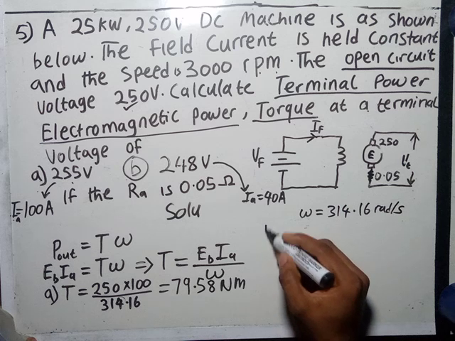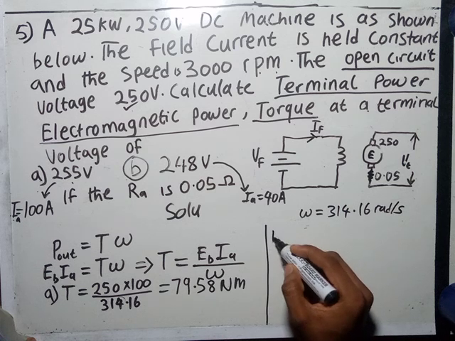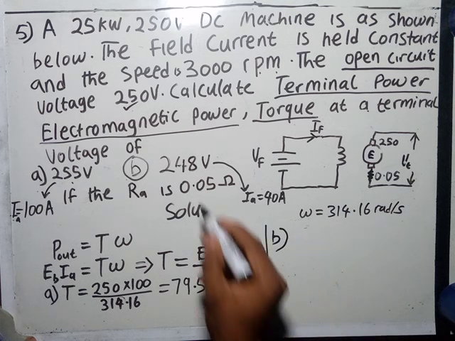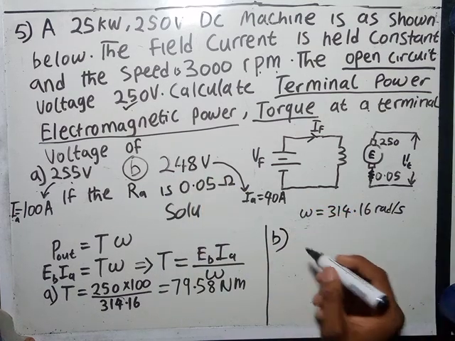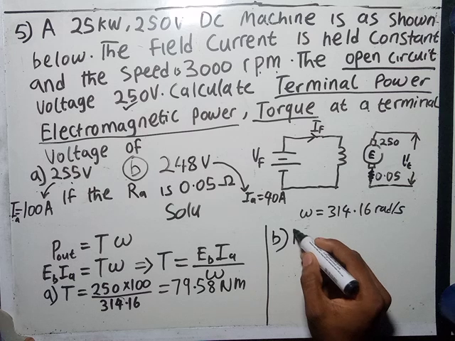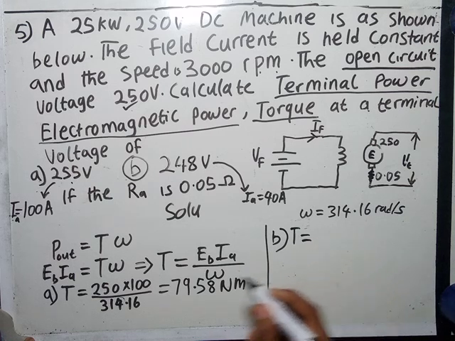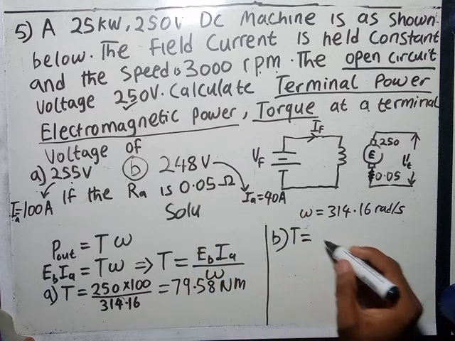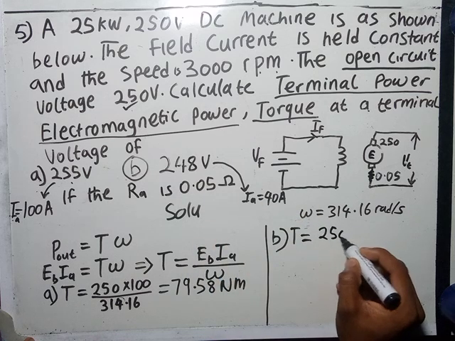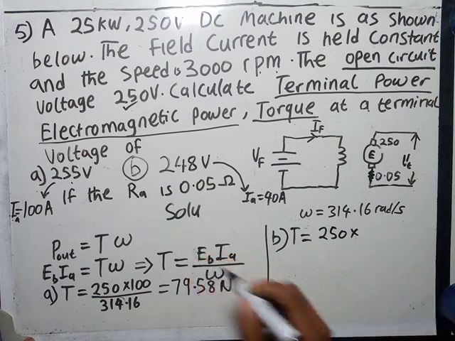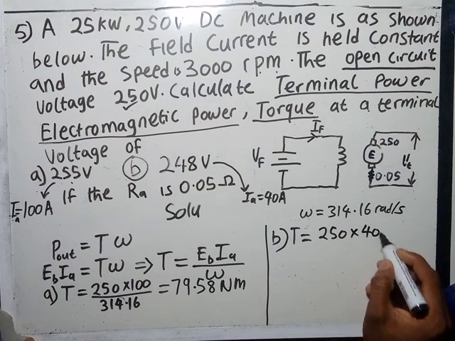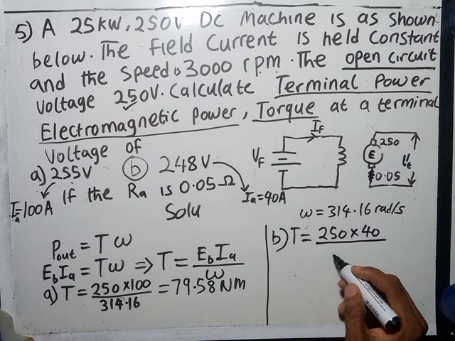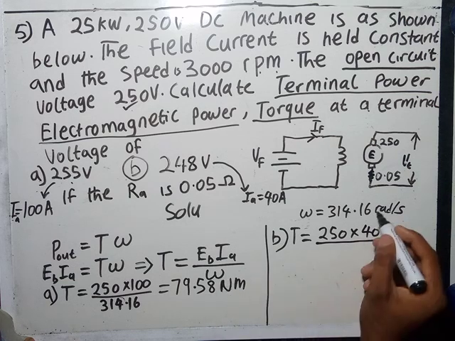Now for our second case, that is terminal voltage being this and armature current being this, T is equal to EB being 250 times IA being 40 this time around, divided by our W, which is this.